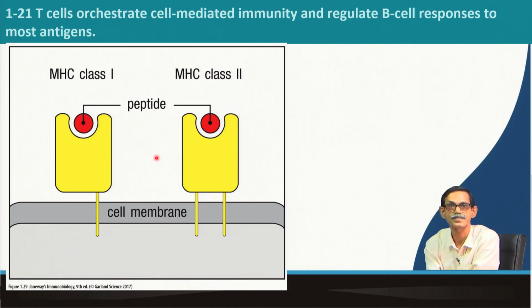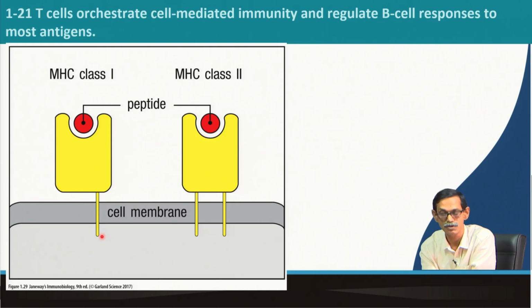But the immediate difference I can see, and I am sure you can see, is this yellow line. In the case of MHC 1 there is only one transmembrane domain attaching it to the cell membrane. In the case of MHC 2, two transmembrane domains anchor it to the cell membrane. And the red part is the processed antigen.